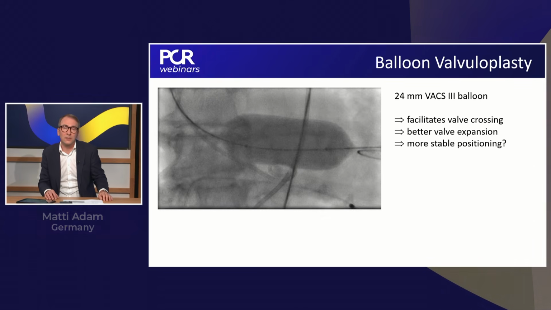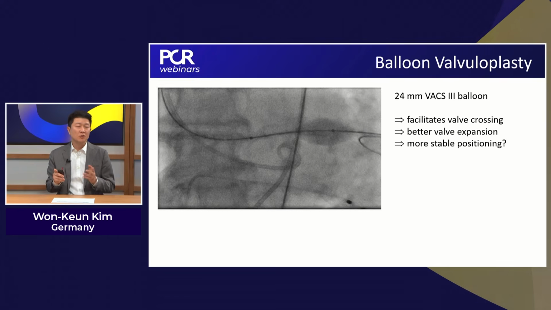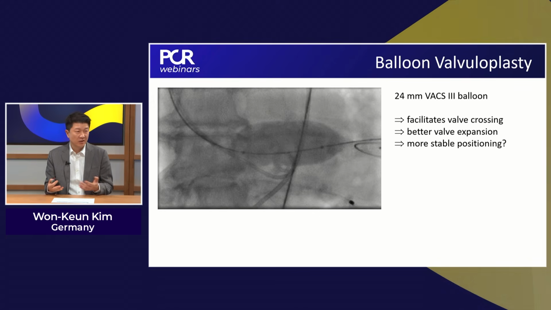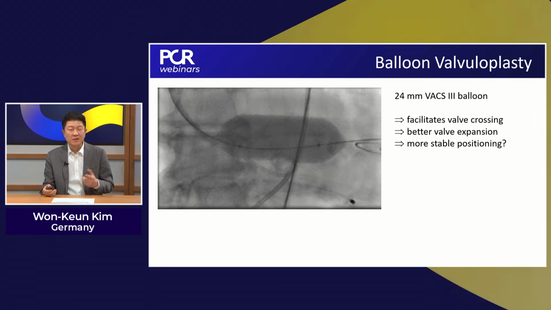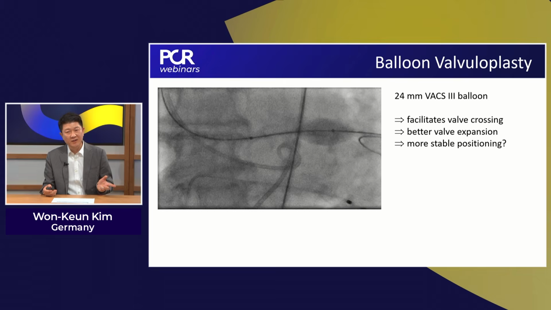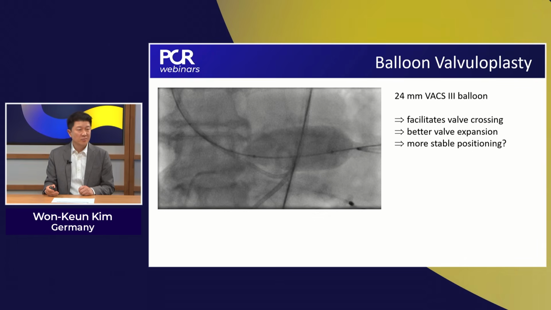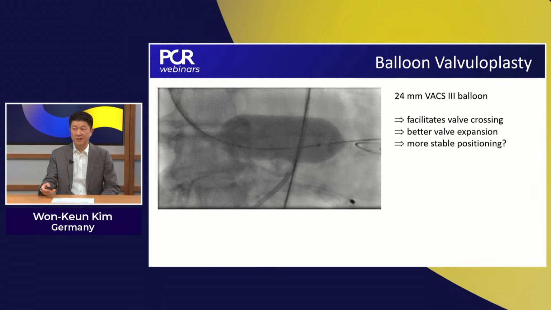Yeah, absolutely. In this case, what I would like to emphasize is balloon valvuloplasty is not only important for better valve expansion, because nowadays stent frame expansion has become more and more important, but it might help facilitate valve crossing in this specific challenging anatomy, and maybe also help to have a more stable positioning during the deployment.